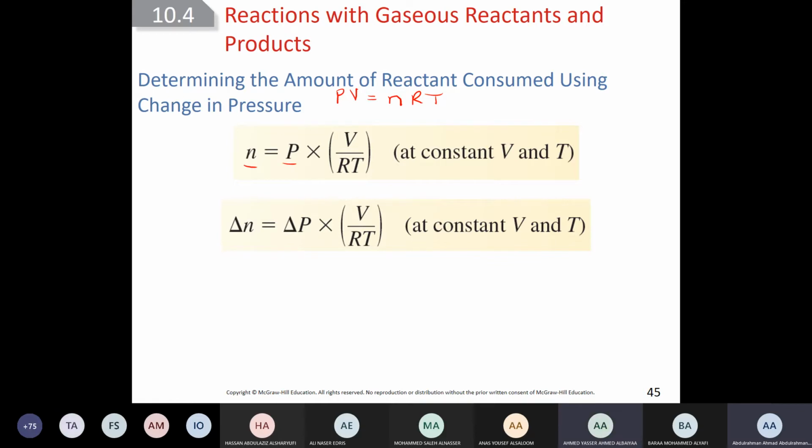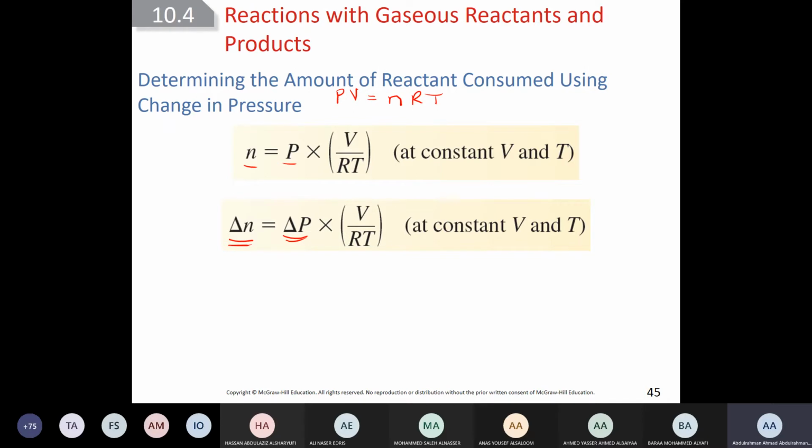I want to separate the P here and keep everything constant: volume, temperature, and of course R. Then the change in the amount will be the change of the pressure, or we can calculate the change of pressure by this method.